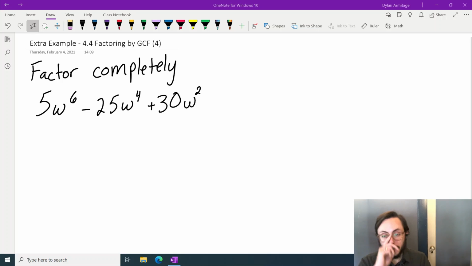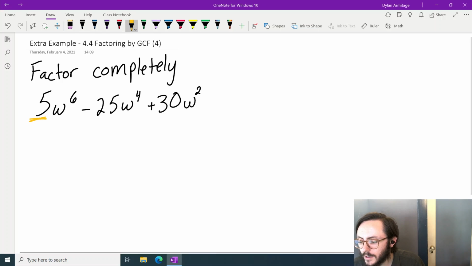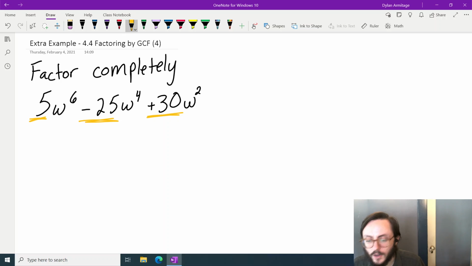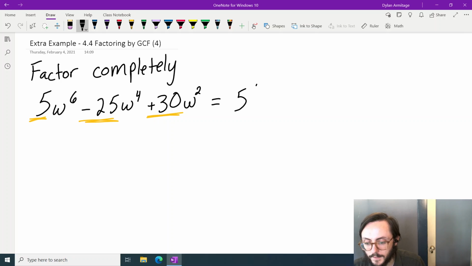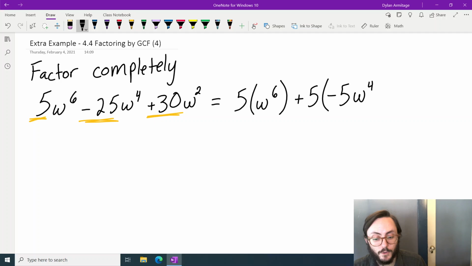Okay, so our greatest common factor here. Well, if we're going to factor by greatest common factor, all terms need to have something in common. And we can see first, all the numbers are divisible by 5. Cool. Let's take out that 5. 5 times w to the 6th plus 5 times negative 5w to the 4th.